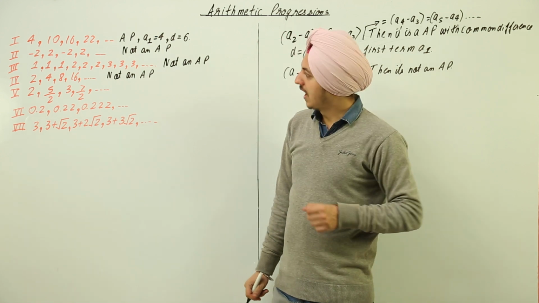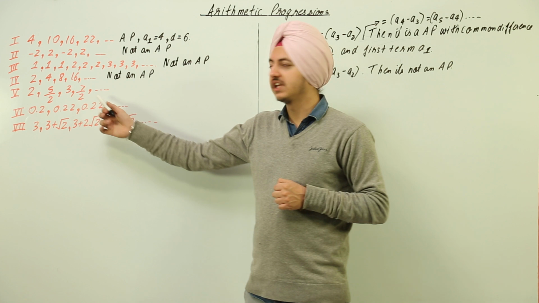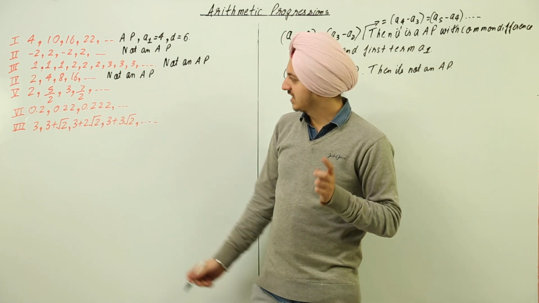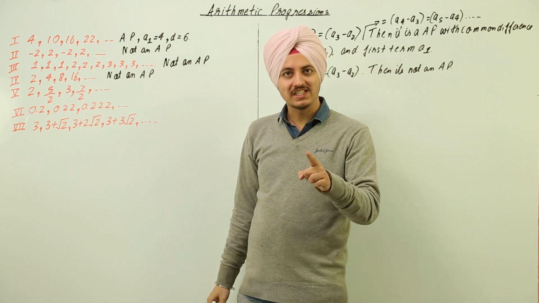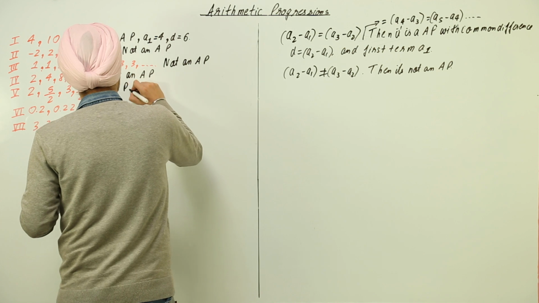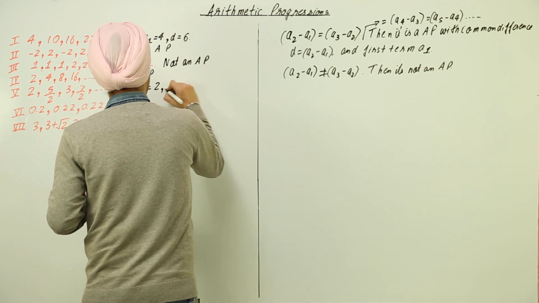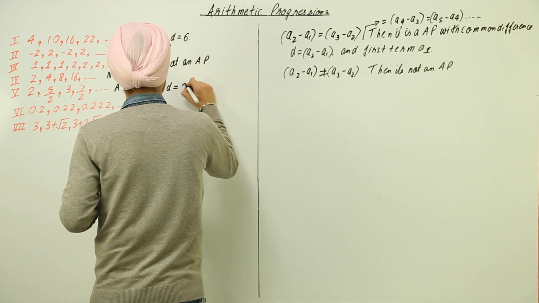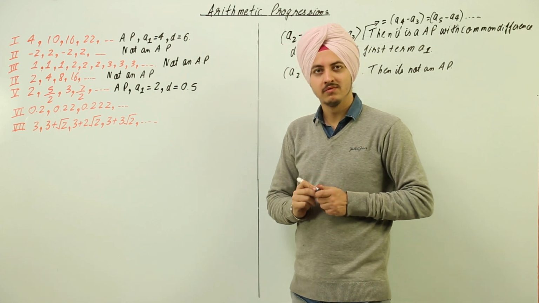Okay. Now if you see over here, the next one says 2, 5 by 2, 3, 7 by 2. This means 2, 2.5, 3, 3.5. So this is an AP with the first term, that is A1, equal to 2 and a common difference of 0.5 or 1 by 2.